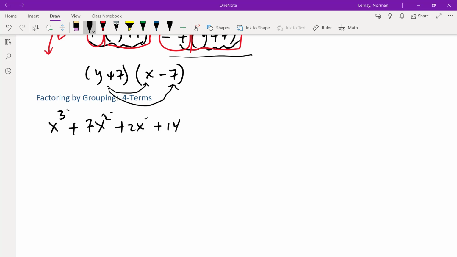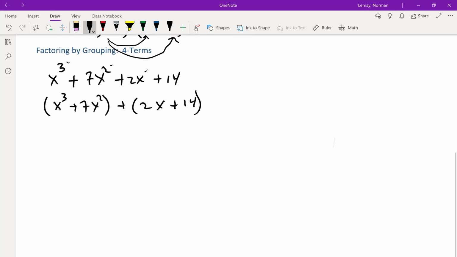So this factor by grouping says to take the first 2 terms and group them together. And then take the second 2 terms and group them together. So now what we have to do is take a look at our first grouping and ask what is the greatest common factor.